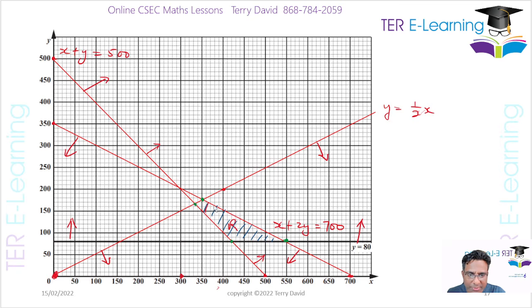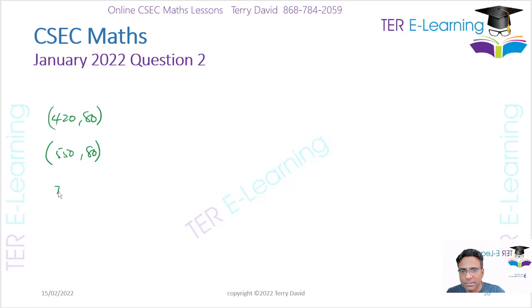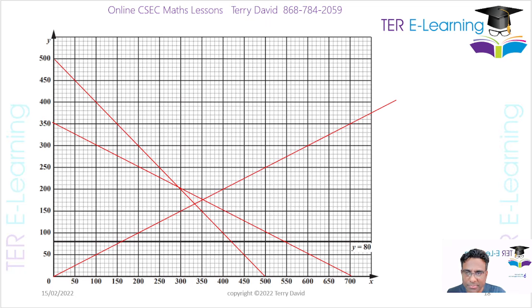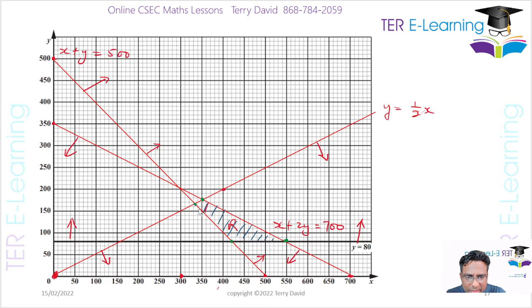We have our next point here, which is 350, 175. And then we have one more point, which is probably a little off, but let's see. According to my diagram, that's about 335, 165. 335, 165.